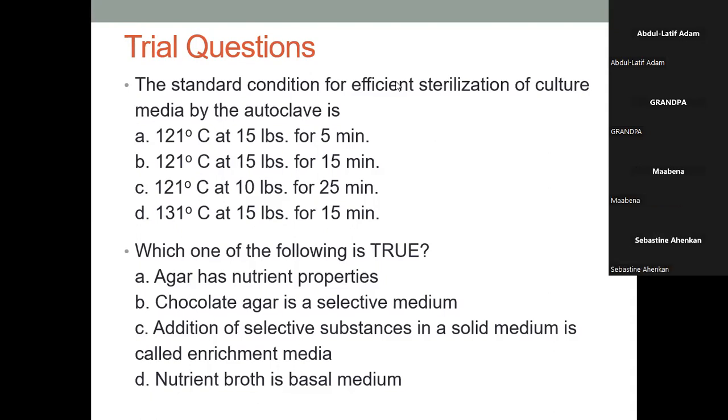The answer is B. Come again, the answer is B, 121 degrees Celsius at 15 pounds per square inch for 15 minutes. This one is straightforward, and all of you should know this, especially at the diploma level, because some of such questions they will not ask the MLS or MLSD people, but it is something that all of you should know.